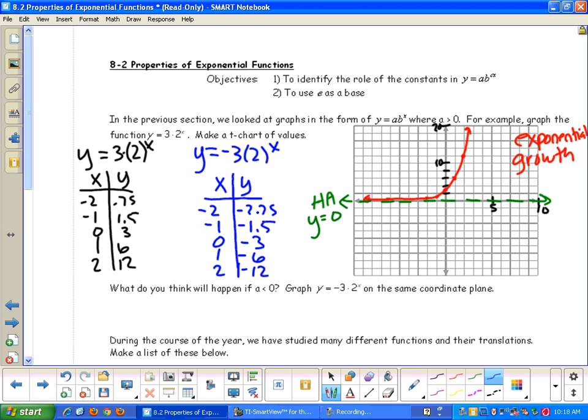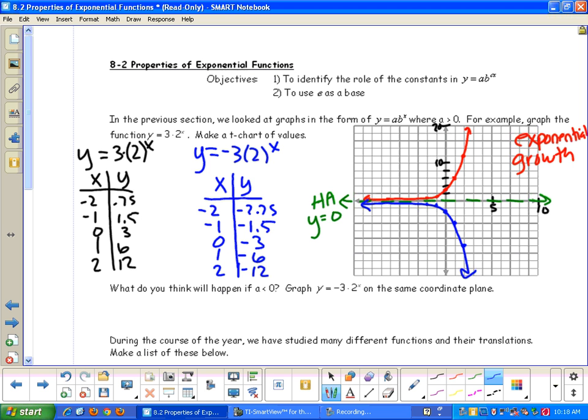If we go over here, we're just going to graph the reflection of this graph. Again, the y scale is going by 2s. So we have 0, -3, which would be here, 1, -6, and then 2, -12. My graph comes very, very close to the axis, and it's going downwards.